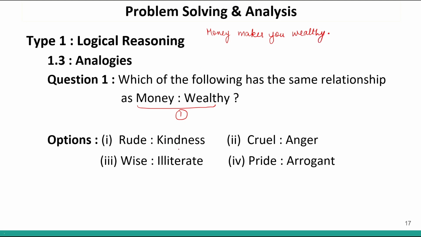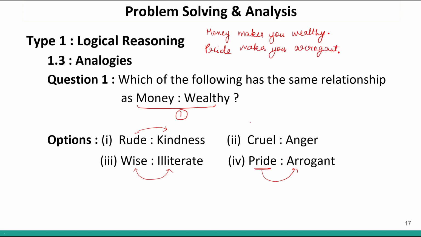Now, rude and kindness, these are opposite words. Wise, illiterate, also opposite words. Cruel, anger, pride and arrogant. Now, these are similar words. I can say that if you have pride, pride will make you arrogant. So I can say that pride makes you arrogant. Can I say cruel makes you anger?